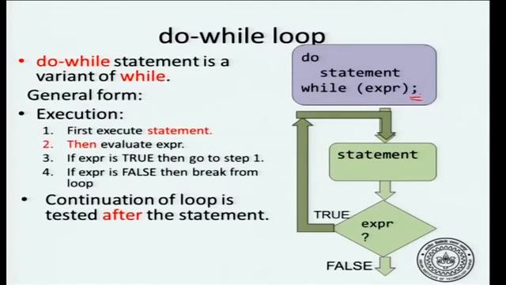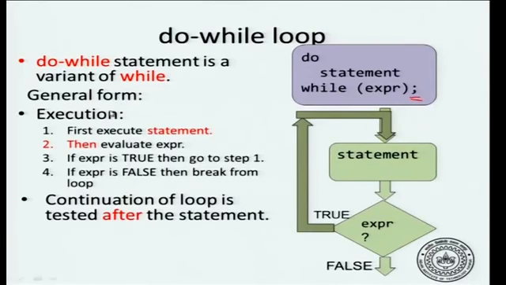The do-while terminates with a semicolon, whereas the while loop doesn't. So the while loop has the following form, which is while expression and then statement. The difference is that here the statement is occurring before the while, the test expression.